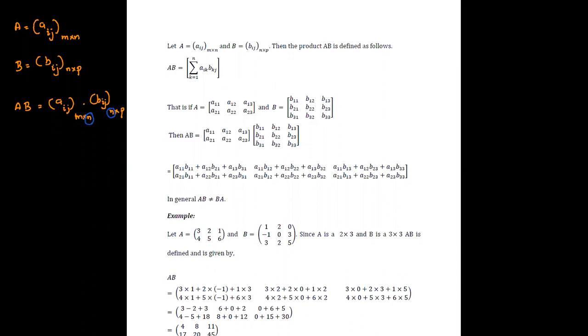Therefore, we can obtain the resultant matrix. The quantity can be expressed using this form: sigma k goes from 1 to n of a ik times b kj, and here we will get the dimension of the matrix as m by p.